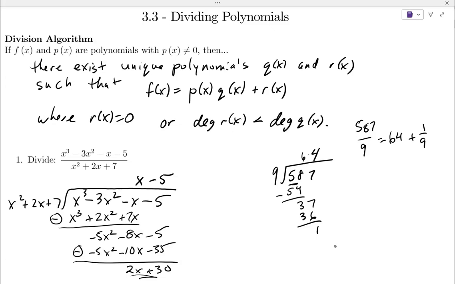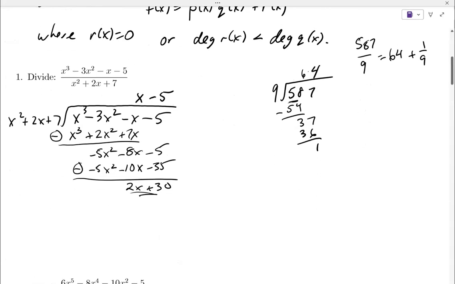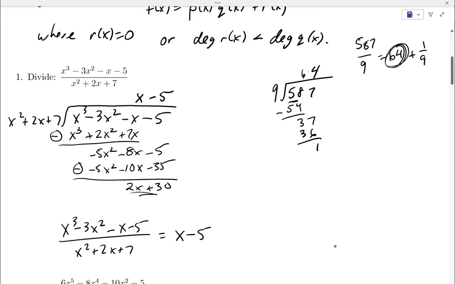We're going to write this in a similar fashion since we have it as a fraction. So over here, we have x cubed minus 3x squared minus x minus 5 over x squared plus 2x plus 7. X minus 5 is the quotient. That's like the 64 over here. And then we would write plus the fraction piece that's left over.